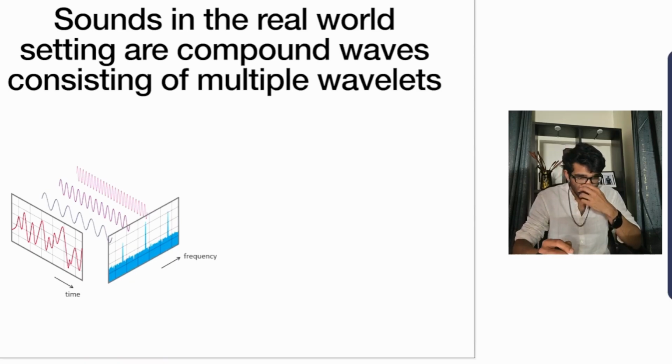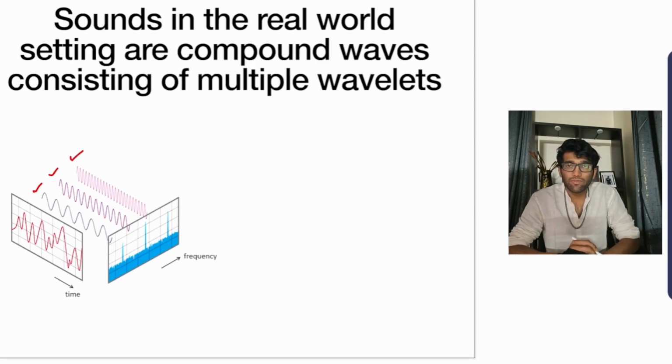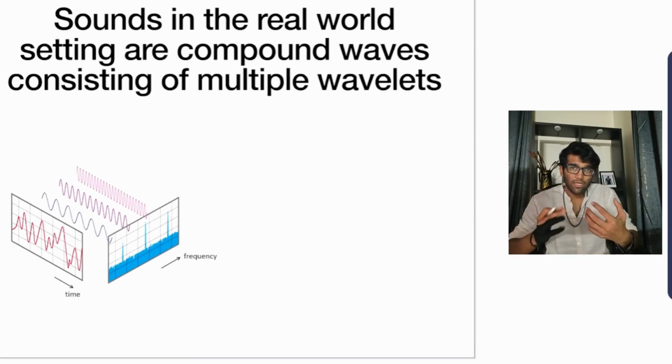As you can see, there is a complex wave here. This complex wave can be deconstructed into multiple simpler waves, sines and cosines, with varying amplitudes. In Fourier analysis, we represent them along a frequency axis. We'll come to that later. But any sound that you hear in the real world is actually a combination of multiple individual frequencies.